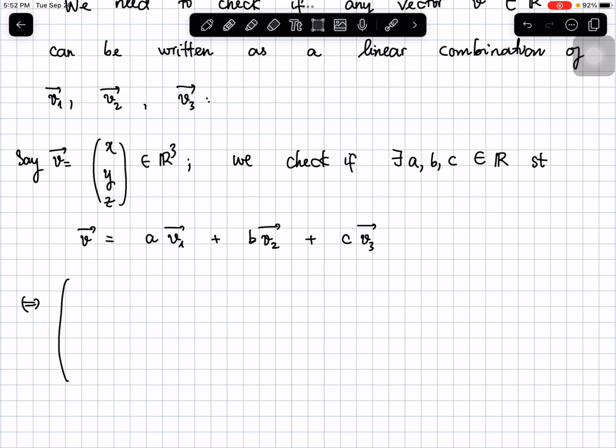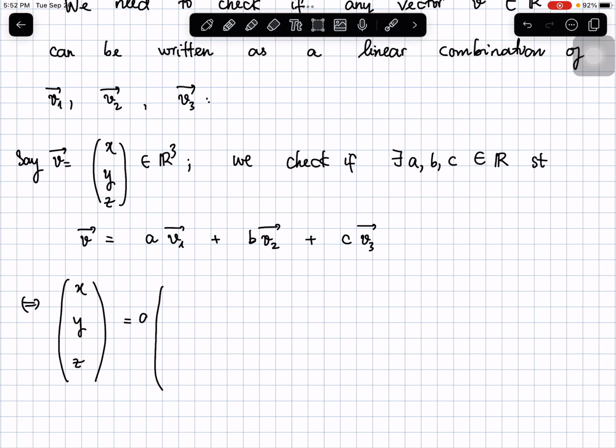So V is x, y, z given to us, right? We are given this V. We check whether V can be expressed as a linear combination of the 3 vectors V1, V2, V3 we know.